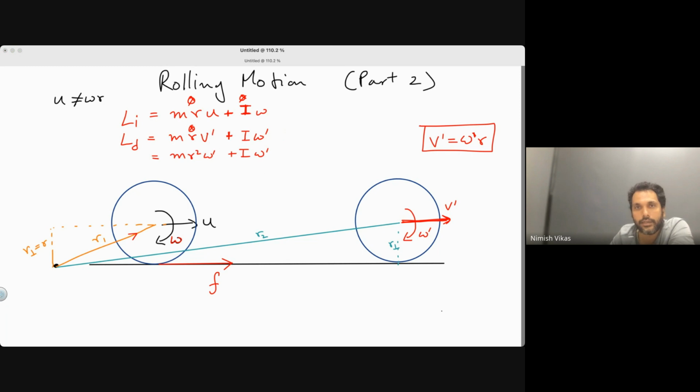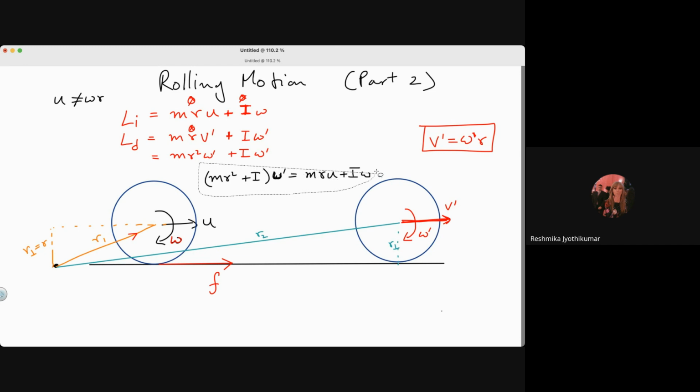M R square omega dash plus I omega dash is equal to the initial one, M R U plus I omega. Is that clear, guys? So how did you get R square?